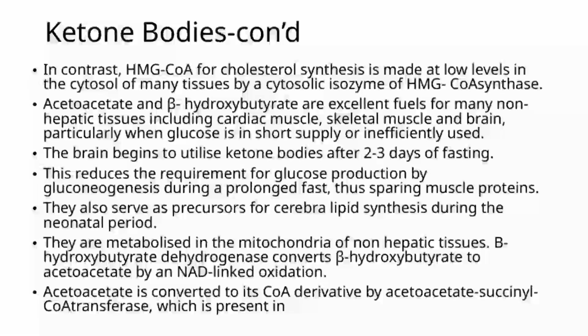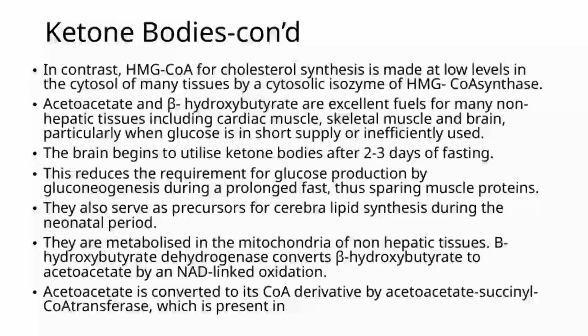Finally, acetoacetate itself is converted into its CoA derivative by an enzyme called acetoacetate succinyl-CoA transferase, which is present in various tissues. This entire process highlights how ketone bodies act as crucial energy sources during fasting and support lipid synthesis in early development. Succinyl-CoA serves as the source of CoA in this process.